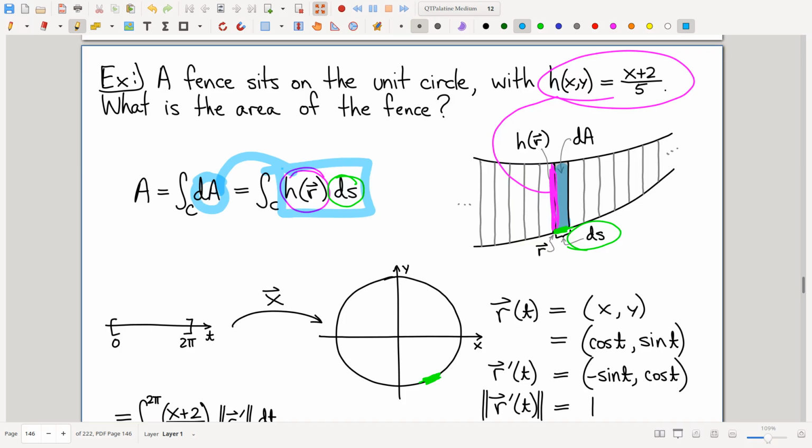That's how we motivate that we're interested in this scalar line integral. Does everybody see where that scalar line integral came from? Notice I didn't pull it out of a previous page of the notes, and it wasn't given to us explicitly. We had to motivate it. We had to go through some geometry arguments.